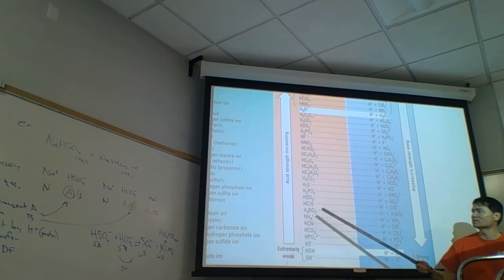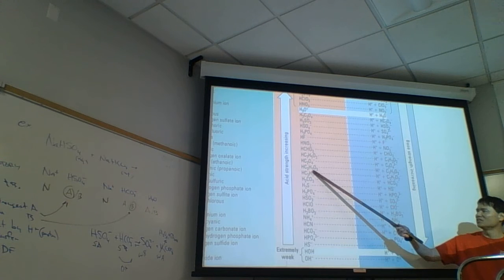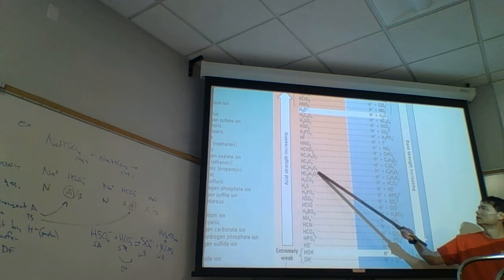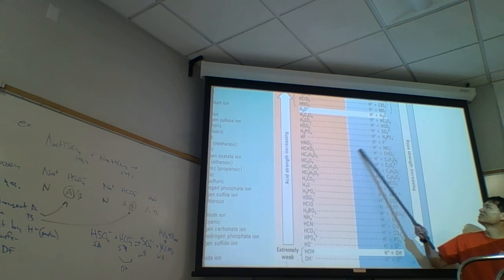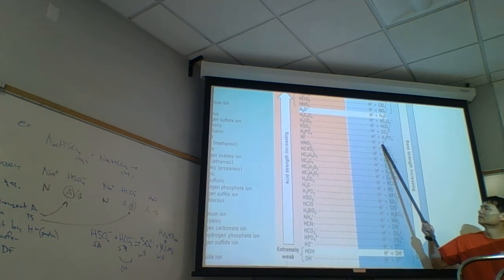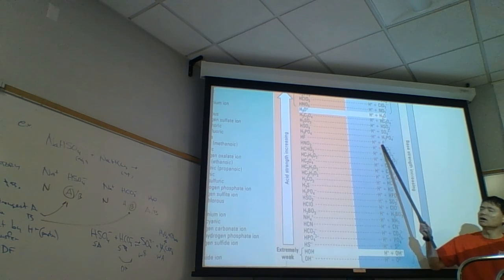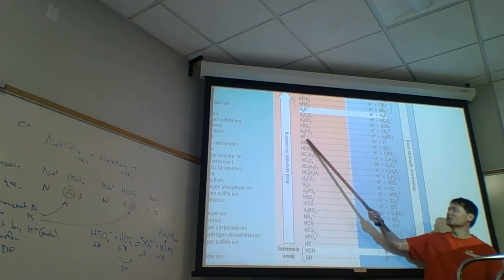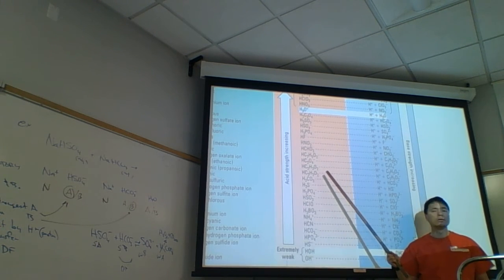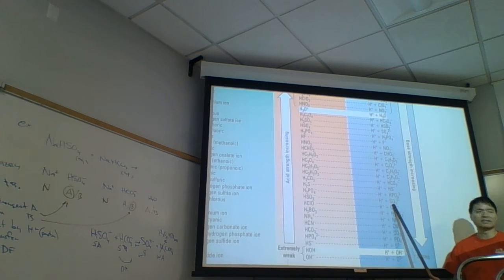So for example, if I asked you for acetic acid, HC2H3O2, will it react with fluoride? Will acetic acid react with fluoride? The answer is no, because if acetic acid reacts with fluoride, we form HF. HF is a stronger acid. Will acetic acid react with sulfite?